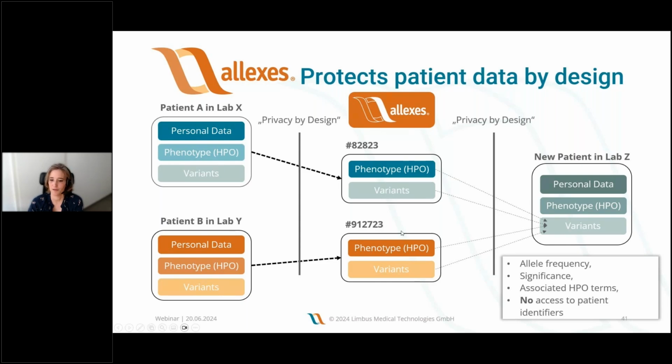So what you would see is basically the allele frequency, the significance, all the associated HPO terms, but you have no access to patient identifiers. So this is privacy by design, but also a very powerful tool to find variants that have been classified only once in the past, and this could be the one extra piece of information that you need to conclude your case.